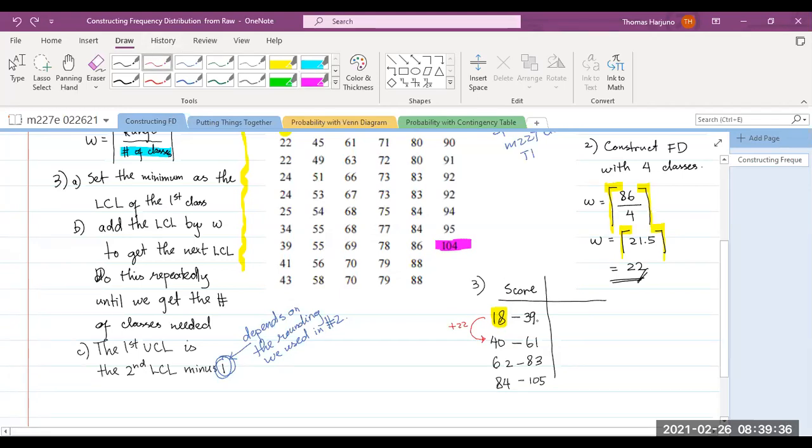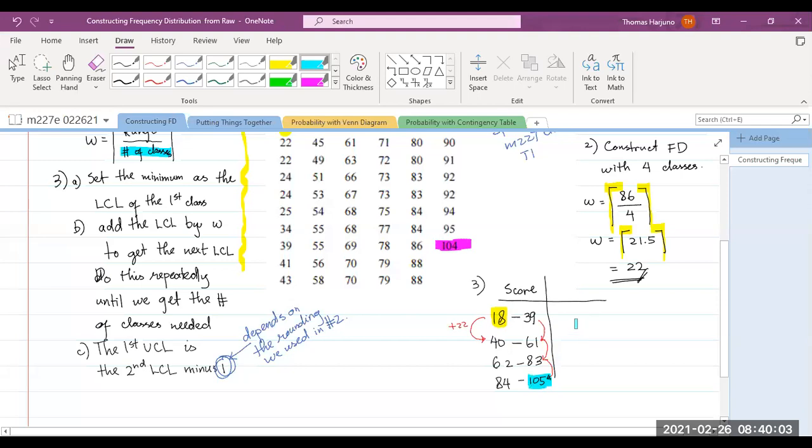How do we know, Thomas? Well, as long as you follow the procedure, you just keep on adding class width, adding class width, adding class width. Most students actually understand what I do here from the previous test. Of course, the ones who don't study don't even know how to start. But for those who study, most of them know what to do. If they make any mistake, they usually make it here.